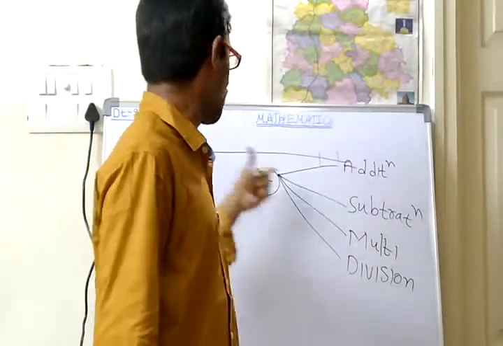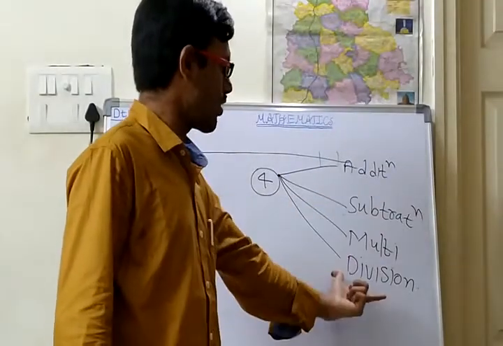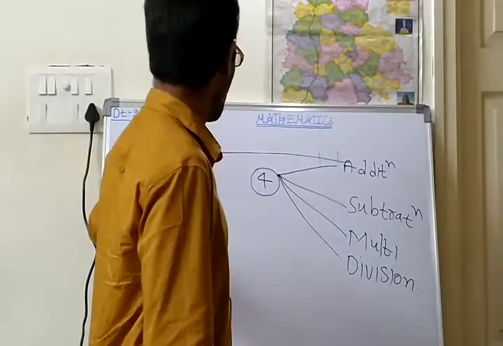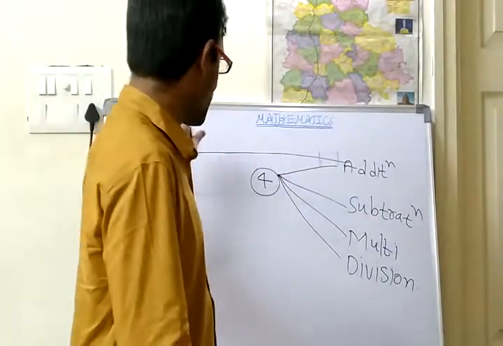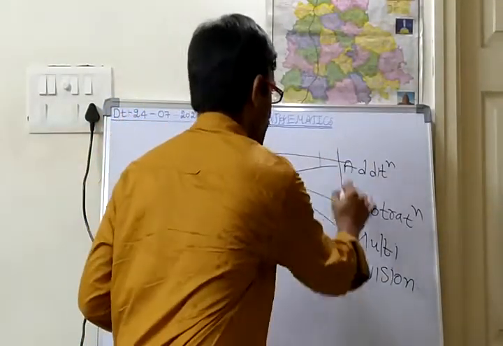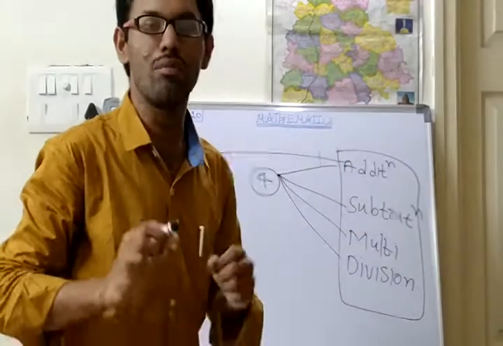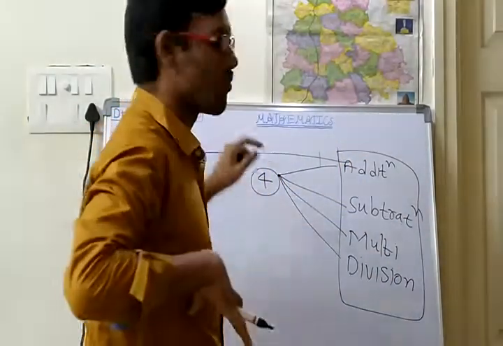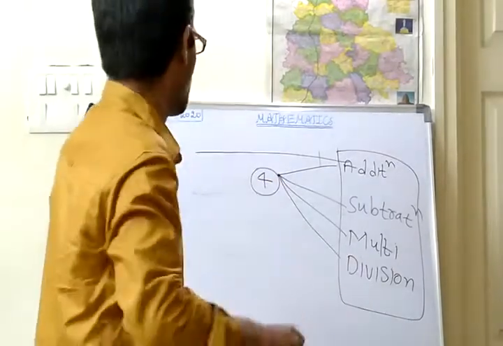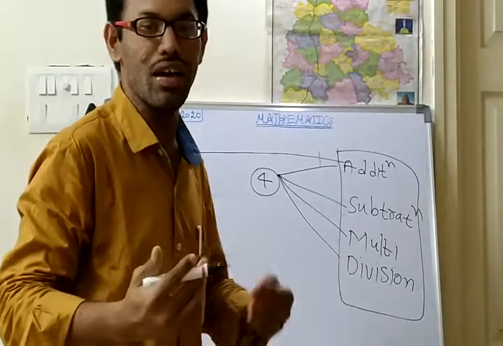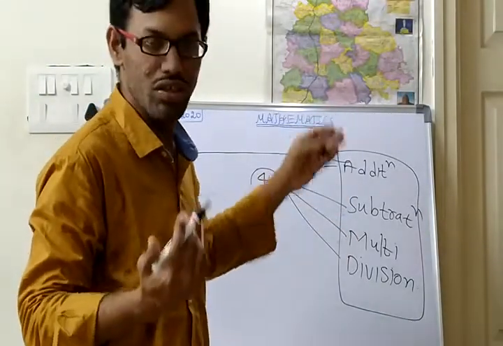So why are we discussing this right now? Because in the number line representation, these four basic operations are going to play an important role. How they play a different role in the number line we shall see now.